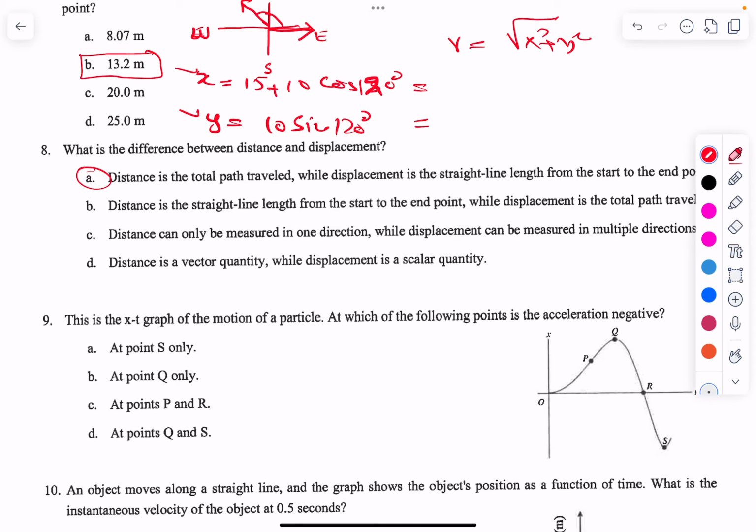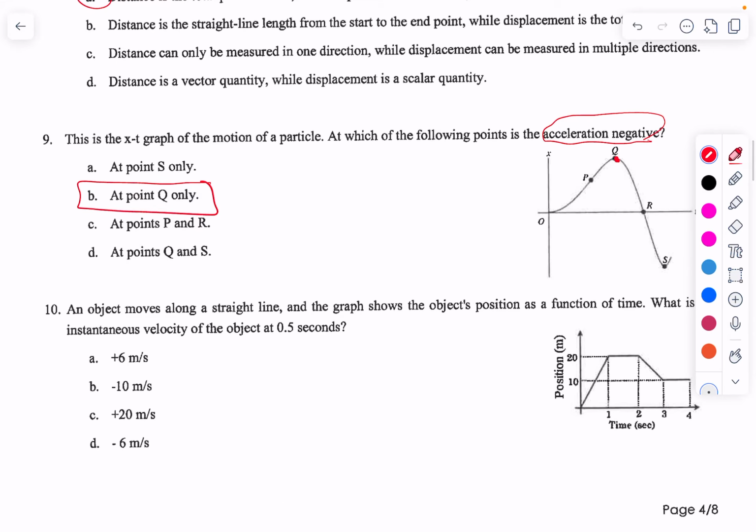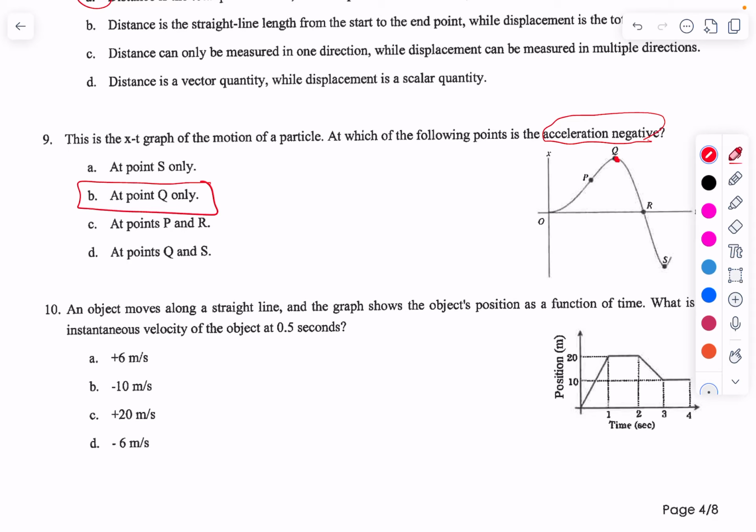In the x-t graph, the motion of the particle, at which point does the particle acceleration become negative? So at this point it starts to become negative, so at this point only. Then an object moves along a straight line, and the graph of the object. Okay.